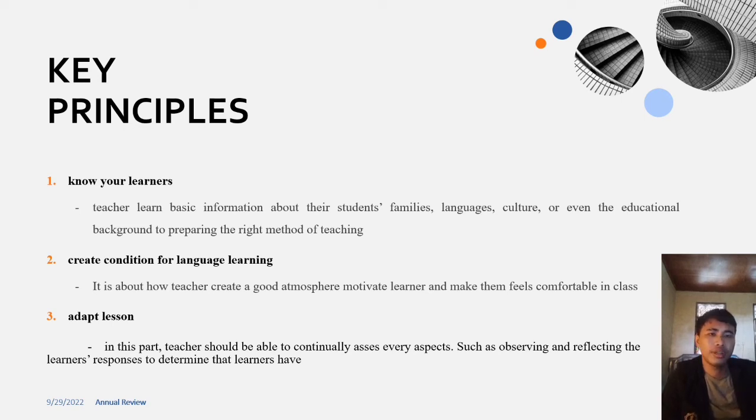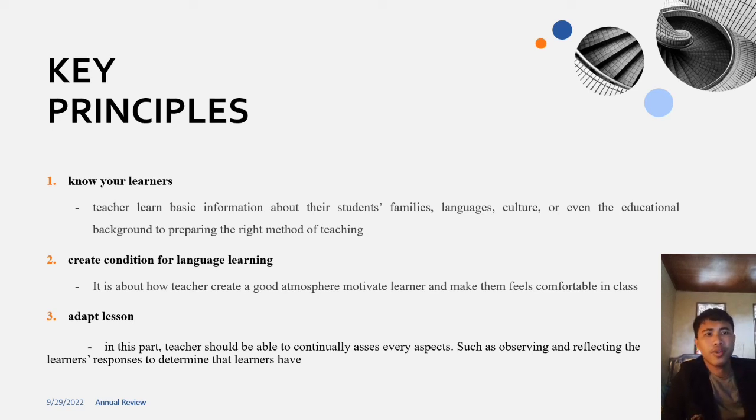And then adapt the lesson. In this part, teachers should be able to continually assess every aspect, such as observing, reflecting on the learner's response, and also determining what the learner has.